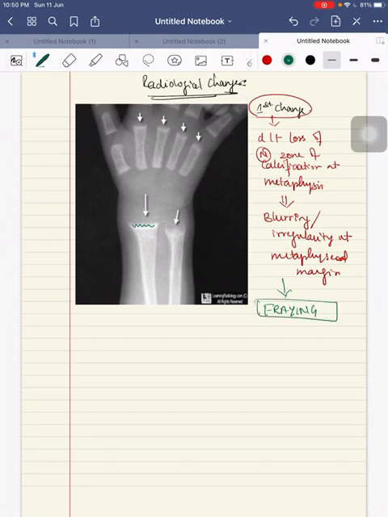Next, second. As the cartilage hypertrophy occurs, it leads to widening of the growth plate. This is called as flaring or cupping.